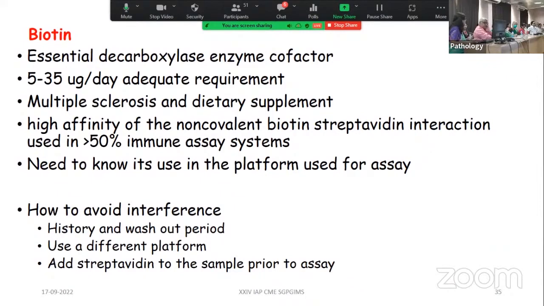One is to take a significant and in-depth history and give a washout period so that there's no interference. Use a different platform. You need to choose a platform which does not use the biotin streptavidin method for capture antibody. Or the third step is to add enough streptavidin to the serum sample, which will bind the biotin, and then do the assay. So you will not have interference of that biotin circulating with your assay platform.